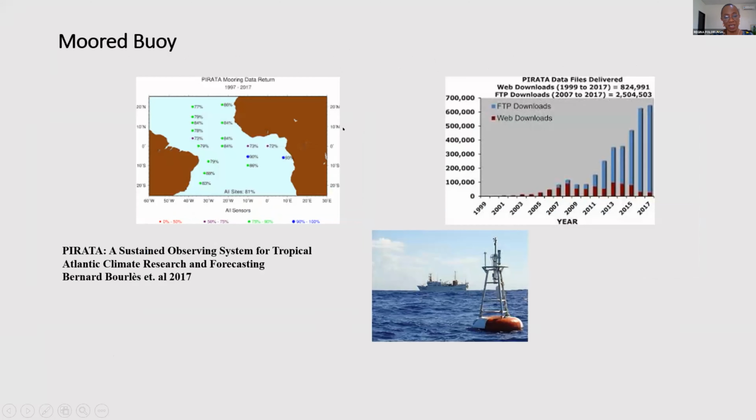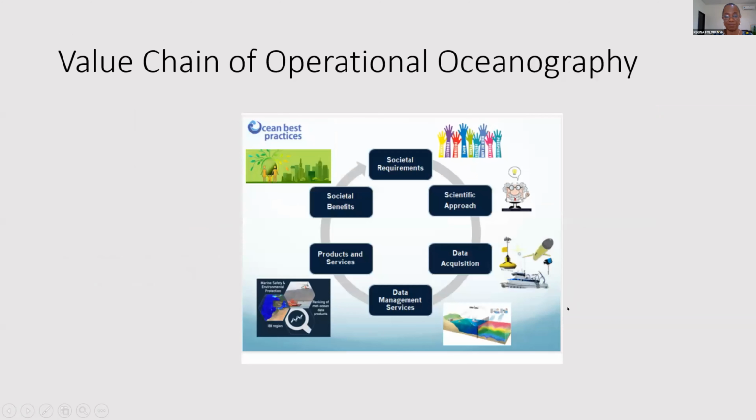Moored buoys, that is, for example, the PIRATA. The PIRATA stopped working in 2017, and that was established here because the PIRATA is so assembled that when coastal fishermen see it, they have a mind expansion with regards to how to use the different components for their different vessels. So this doesn't work very much in Africa.